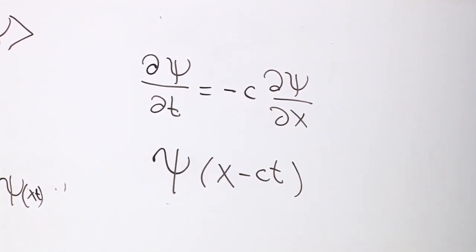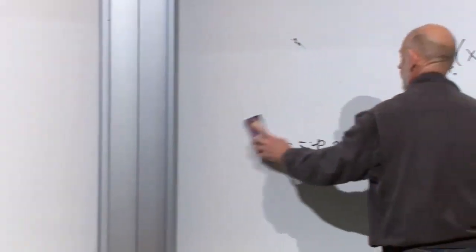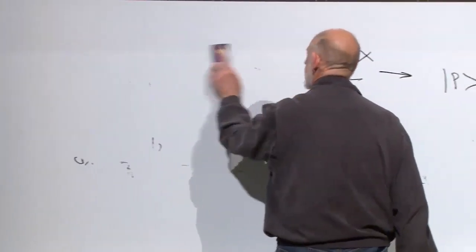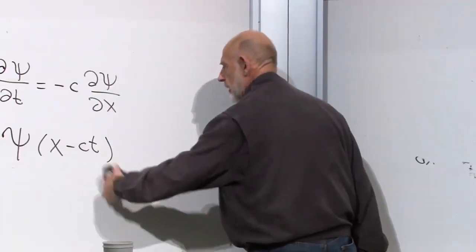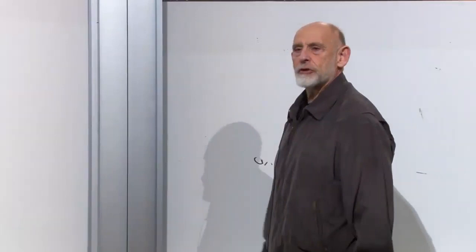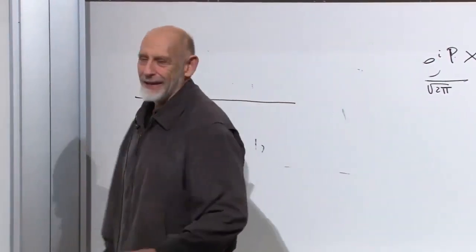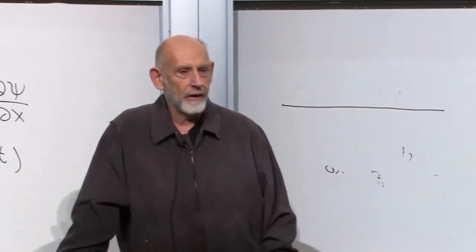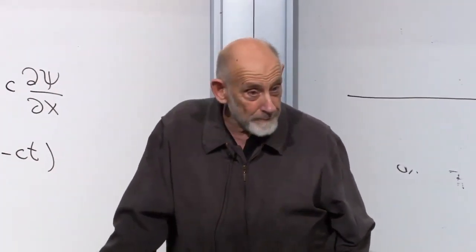So let's think about a function of this form. What does it do? What does it look like? You can start at t equals 0, cross out t here, with any function psi of x. Of course, we don't want to take any function. I want my functions to be such that the total probability is equal to 1.